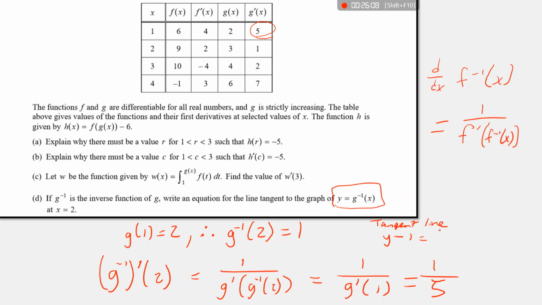Okay, keep going. Equals the slope, 1 over 5. So that's the derivative of the inverse at x, where x is 2, times x minus 2. Perfect. That should be our tangent line.